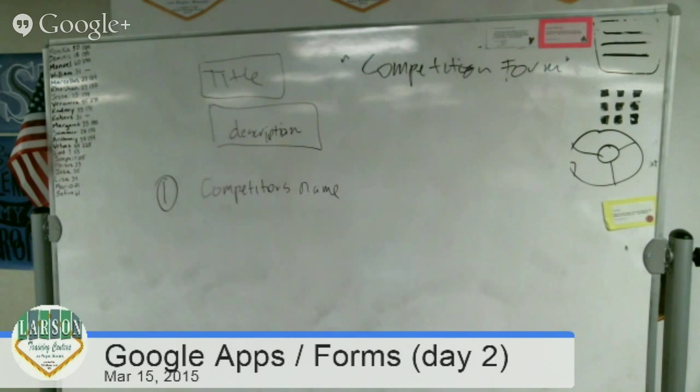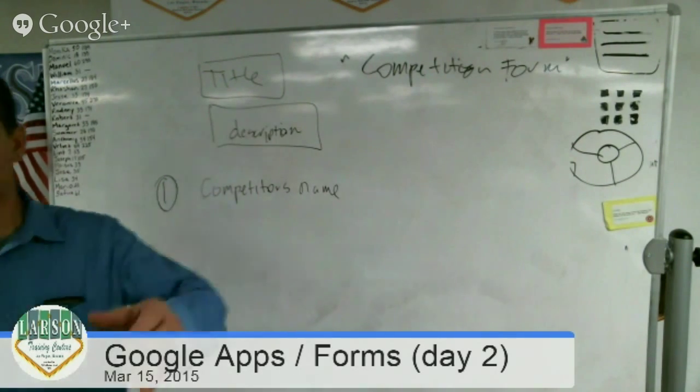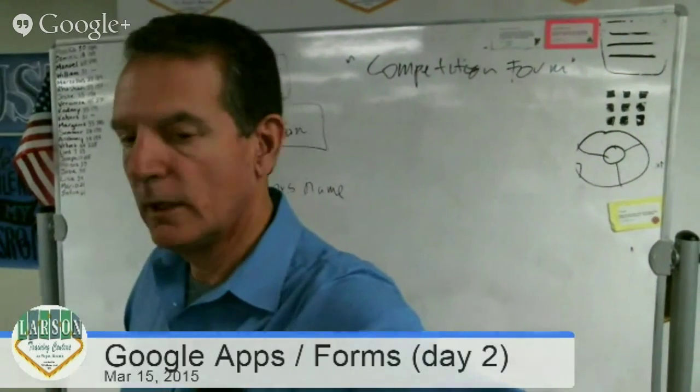So actually, that should be address. You said it wouldn't be required, why? No. Okay, I wouldn't make this a required question because they would have to look it up.